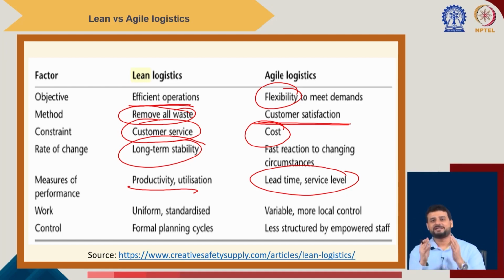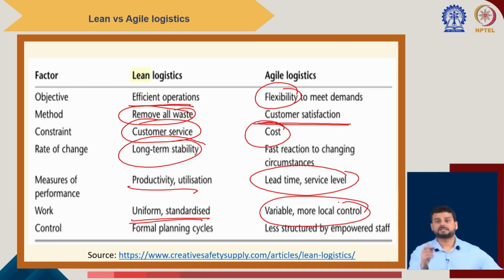That flexibility your manufacturer gives you when we are talking about agile logistics, right? And here we talk about uniform, standardized work, but here we cannot say that, because the customer is part of your production process and he wants to contribute in that way.